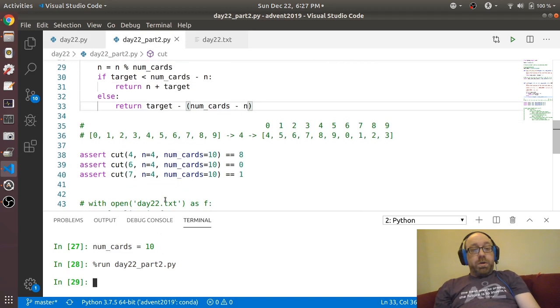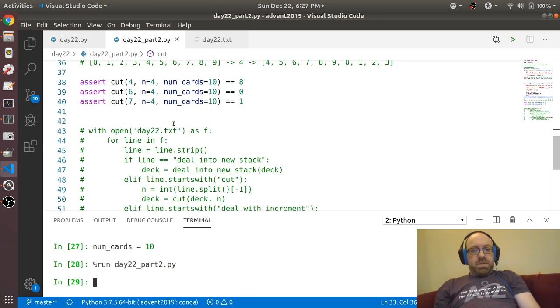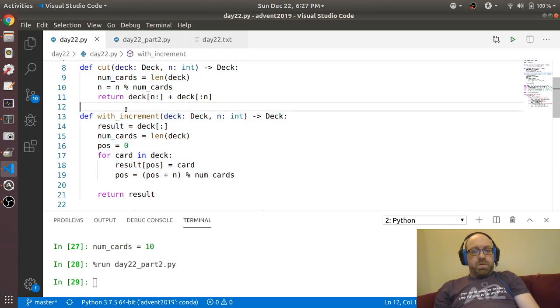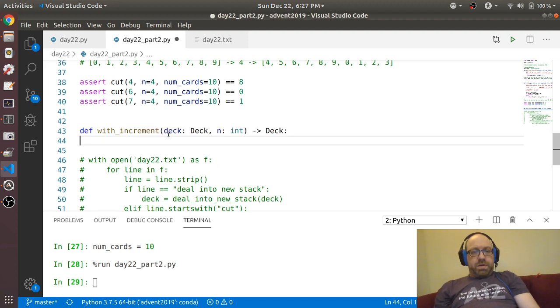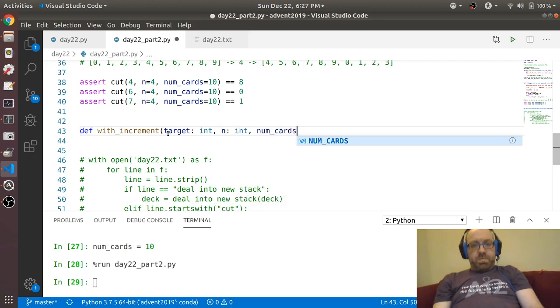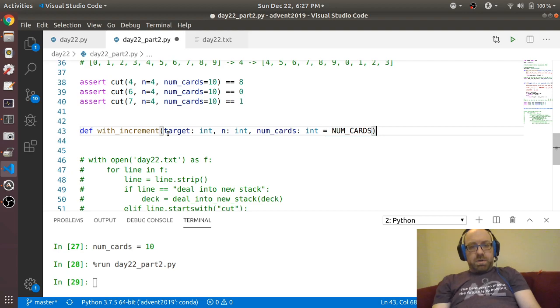Okay. Good. So that's good. And now here's the hard part, which is the with increment. So with increment, I'm going to get a target, which is an int, an n, which is an int, and a num cards, which is an int equals num cards.